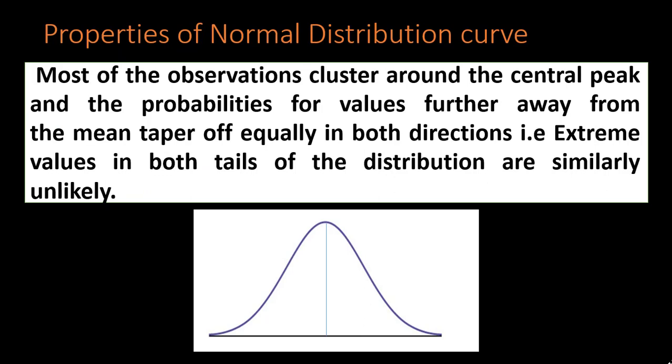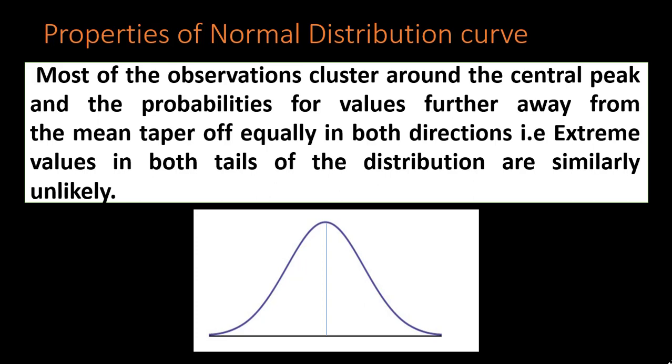If you see the shape of the curve, you would observe that most of the observations cluster around the central peak, that is mu, as we have already seen. And the probabilities for values further away from the mean taper off equally in both directions. The nature of the curve is such that the extreme values in both tails of the distribution are very unlikely.